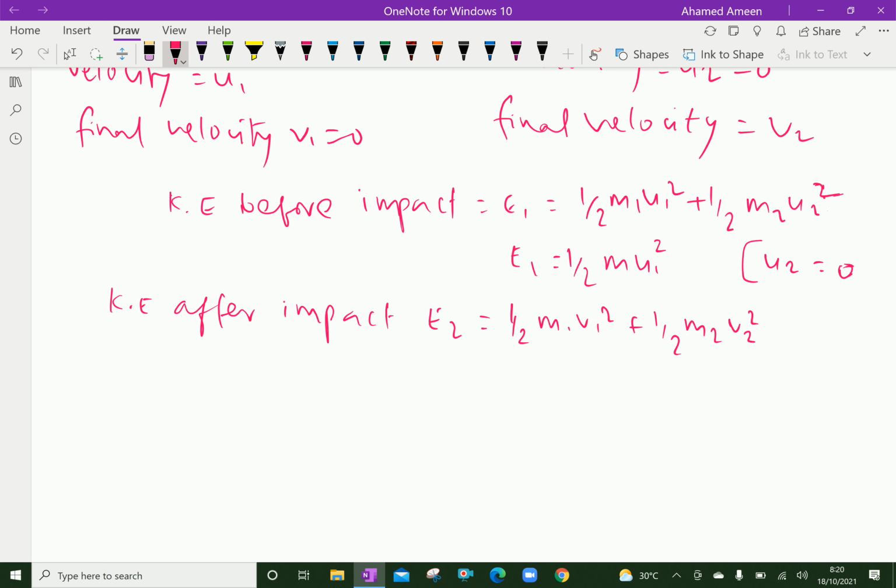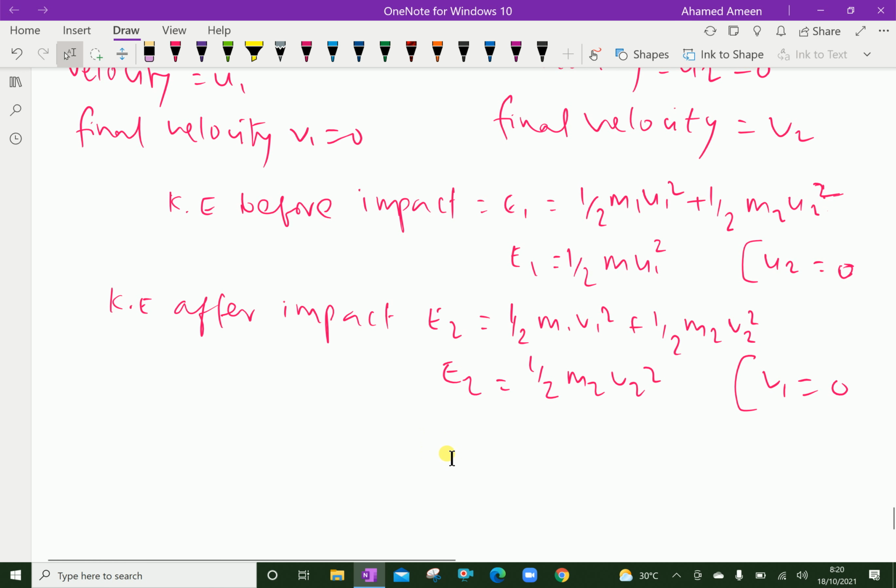Here v1 is 0 because after impact the first ball comes to rest, so the first term becomes 0. Therefore E2 equals half m2 v2 square.